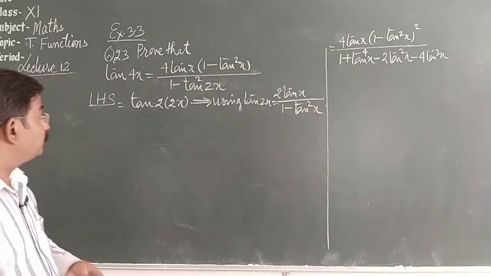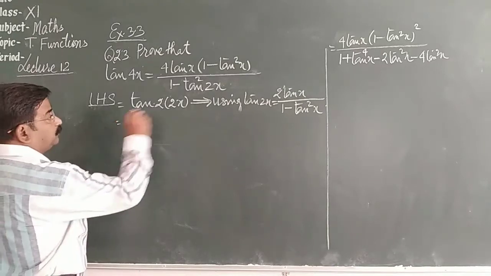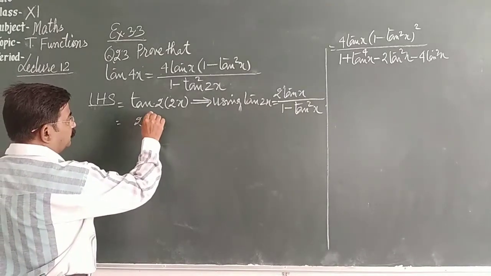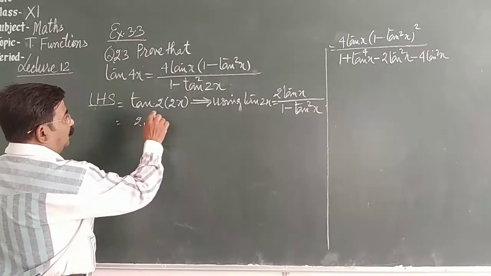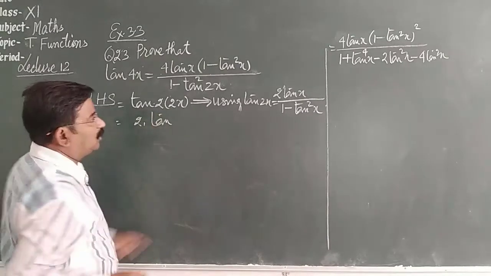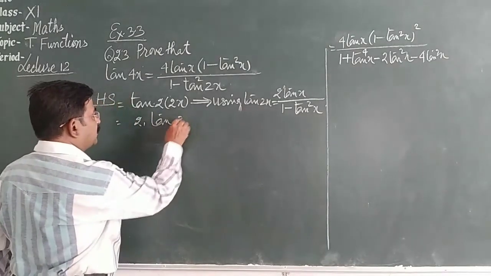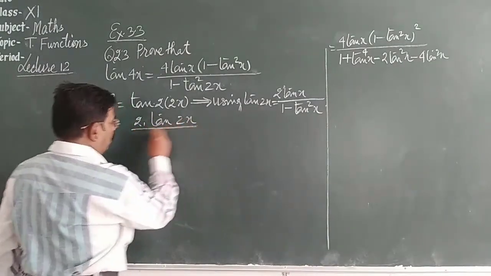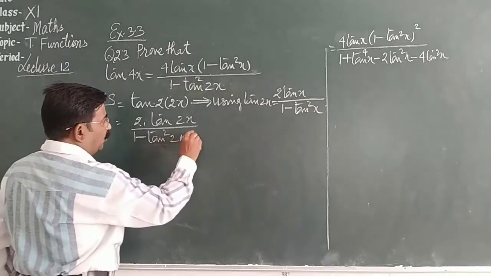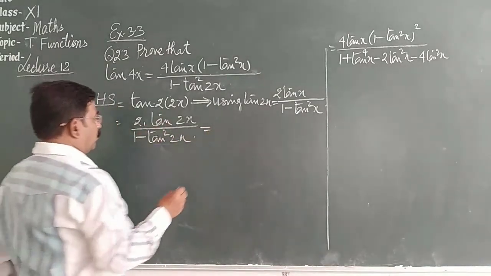See this one. We have 2 times of 2 tan 2x. Using the formula, in place of this we have 2 tan x upon 1 minus tan square 2x. For this we are going to put the value.